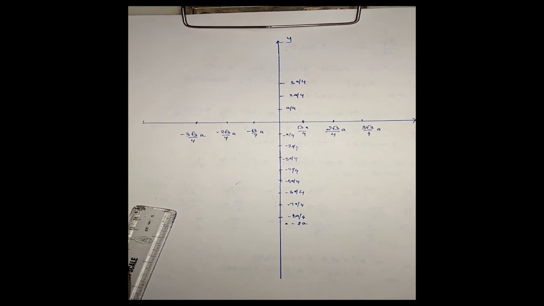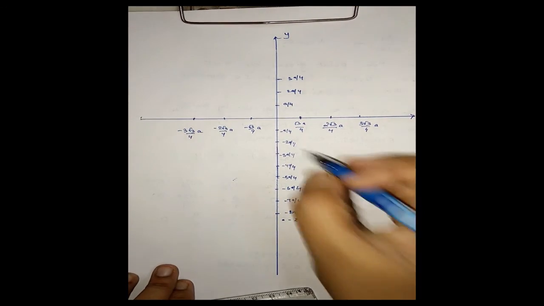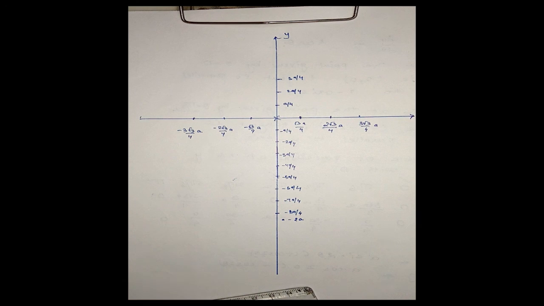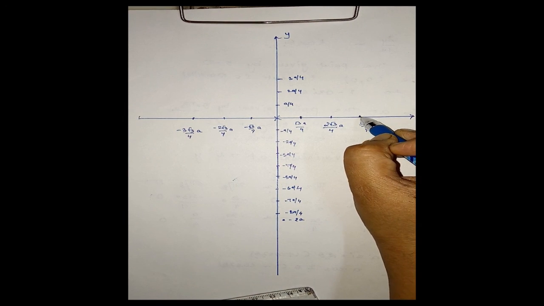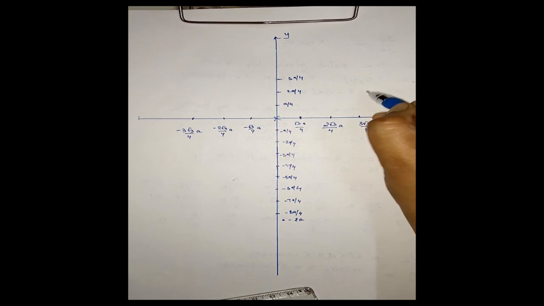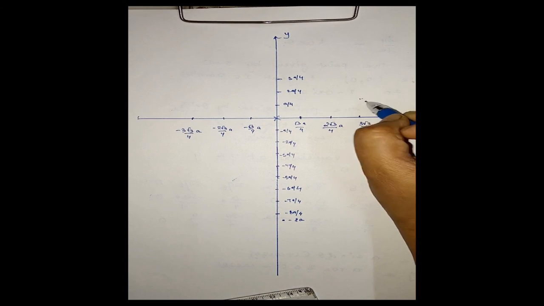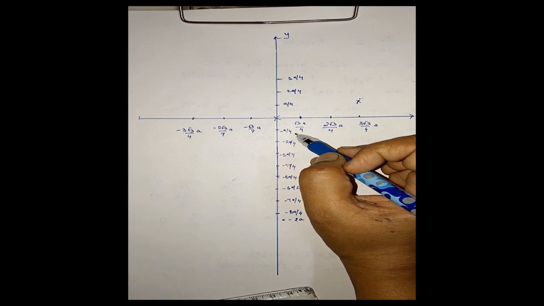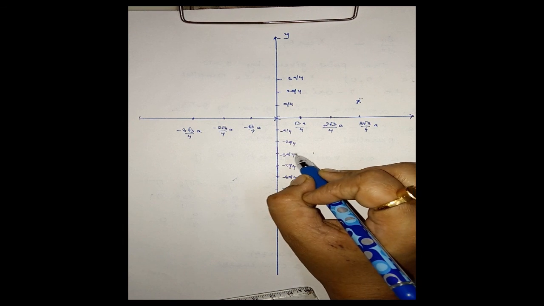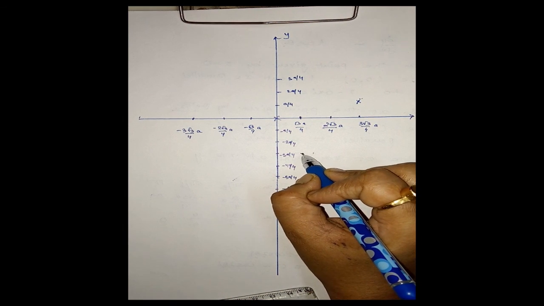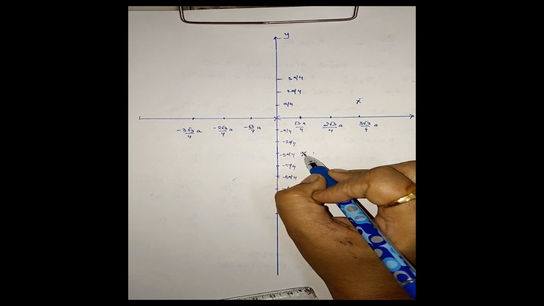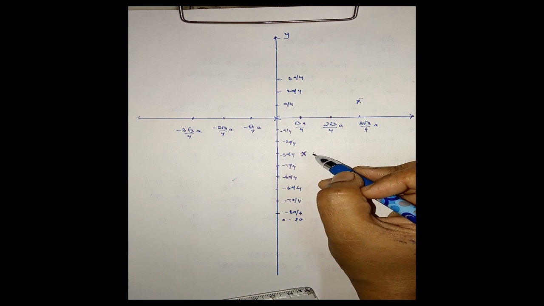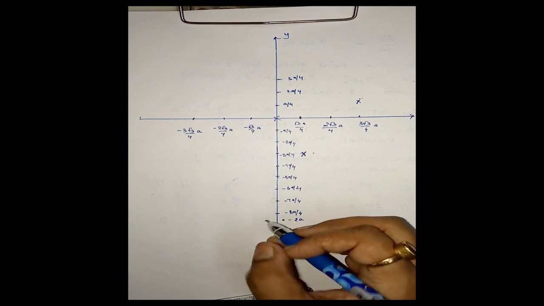First is (0, 0), that is this point. Next is 3 root 3 by 4, where my value is a by 4, and at root 3 by 4 a my value is here at this point. Next is the point (0, minus 2a), that is here.